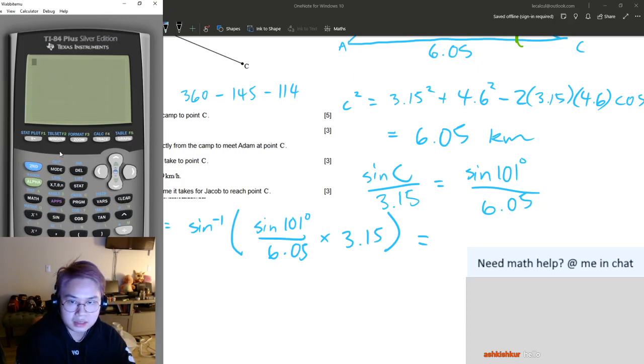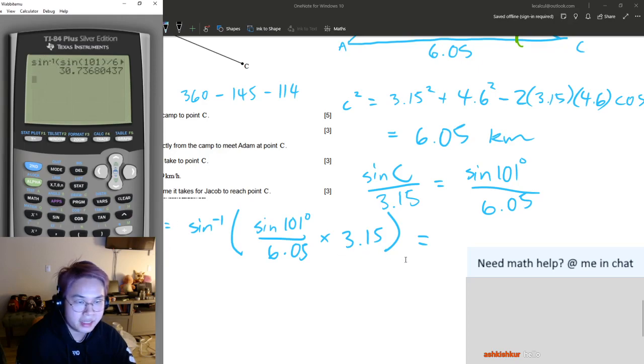Okay, so let's just do that. I'm going to double check and make sure I'm in degrees, which I am. So second sine, and then inside the sine, we're going to have sine inverse of 101 divided by 6.05 times 3.15. Press enter.